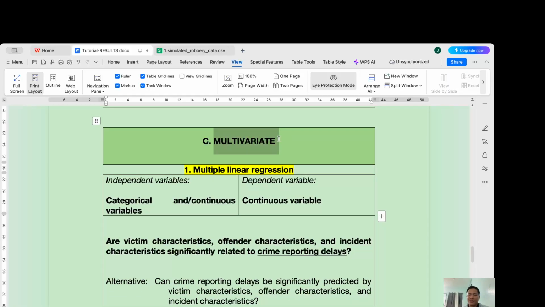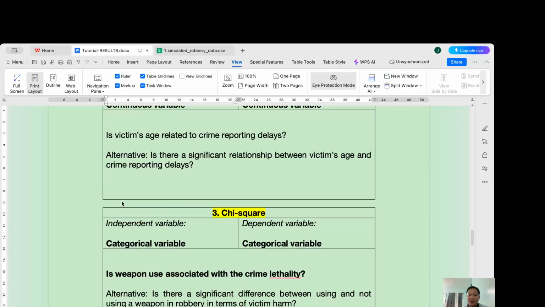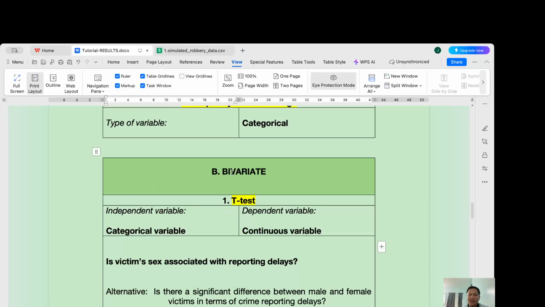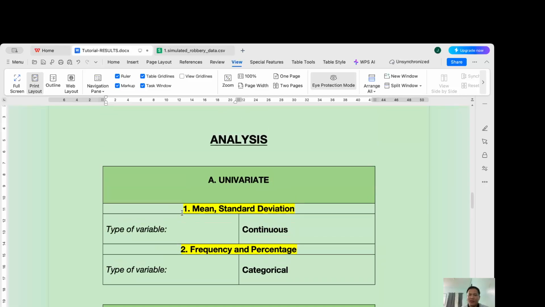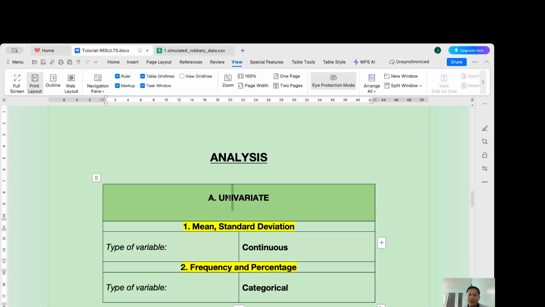Multivariate analysis, the word multi meaning many variables, not just two, not just one. So many. It could be one dependent variable and several independent variables. For bivariate analysis, from the word bi meaning two, there are two variables involved, one dependent variable and one independent variable. For univariate analysis, from the word uni meaning one variable only.